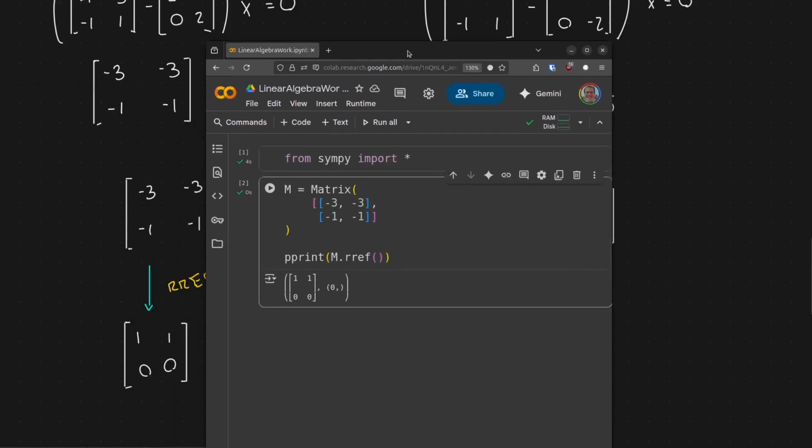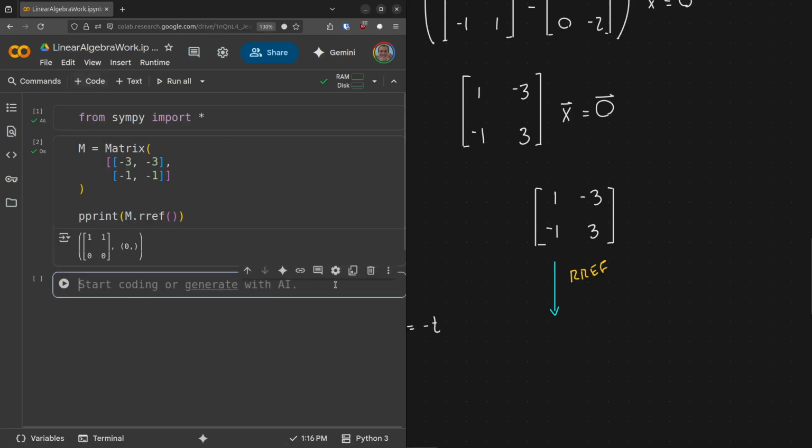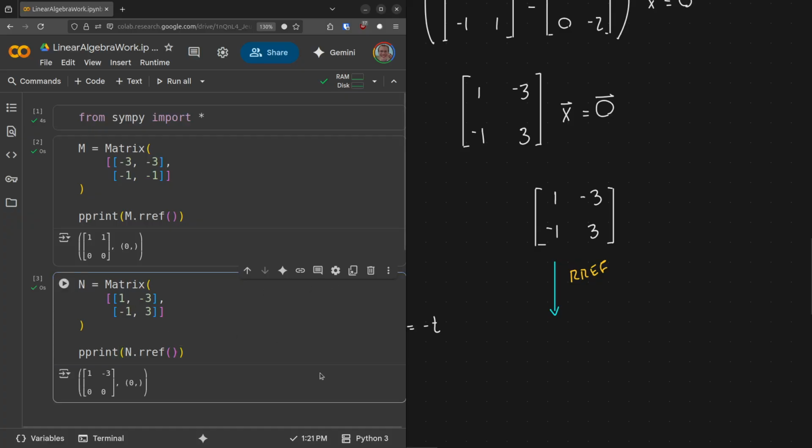Pull up my calculator again. I'll use N. 1, negative 3 is the first row, negative 1, 3 is the second row. And I want to find the reduced row echelon form of this matrix.